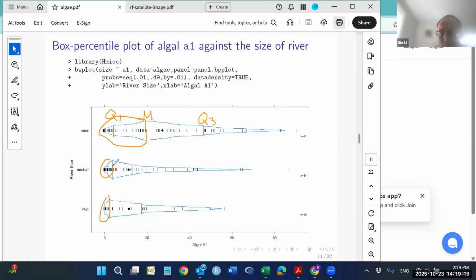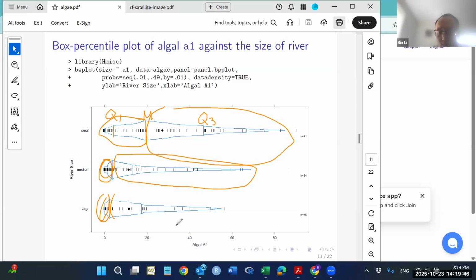So the lower 50% of the readings for algae A1 are very close to each other, compared to the upper 50%, from the median to the maximum. So we have long tails on the right side, right? You can easily see that.